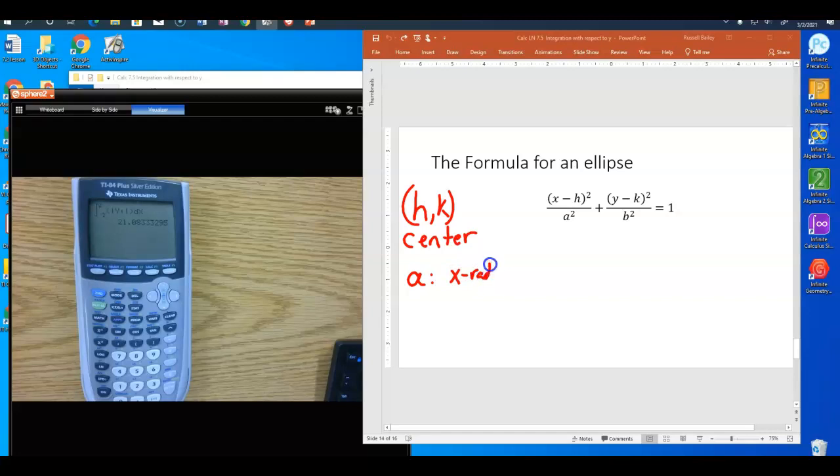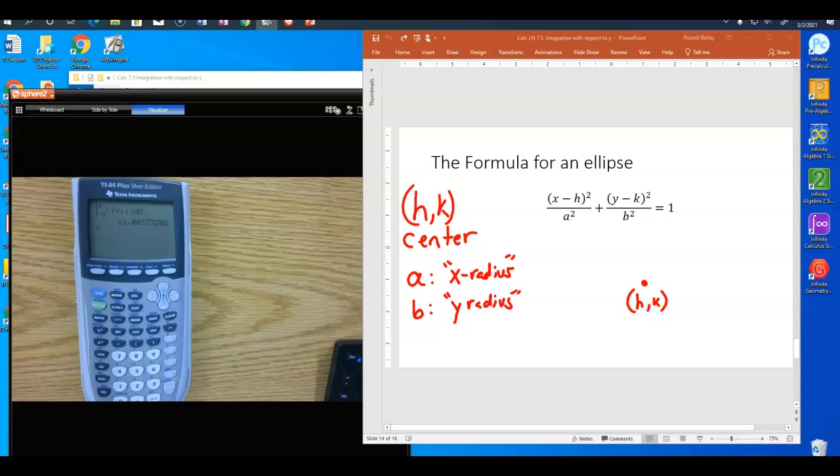That's not what it's really called, by the way, but it'll work for our purposes today. I'm going to call it the x radius, and I'm going to call the B the y radius. An ellipse is basically kind of like an oval. It's an elongated circle. So whenever you have these things, you're going to have a center at coordinates h, k.